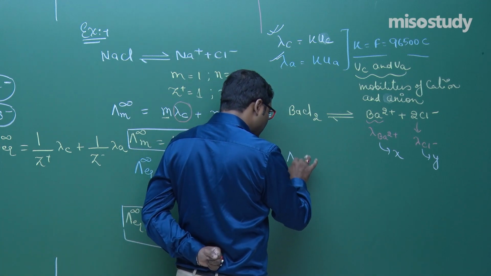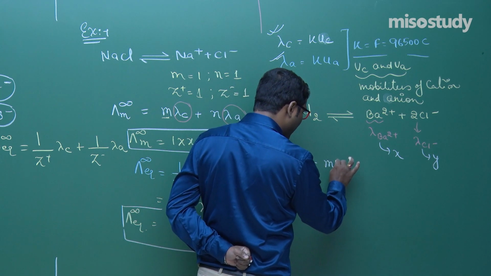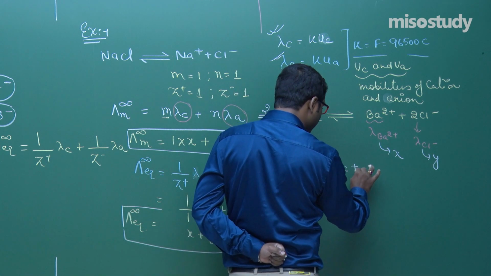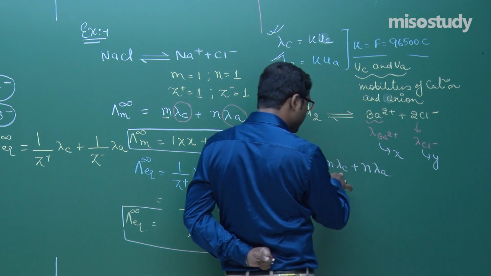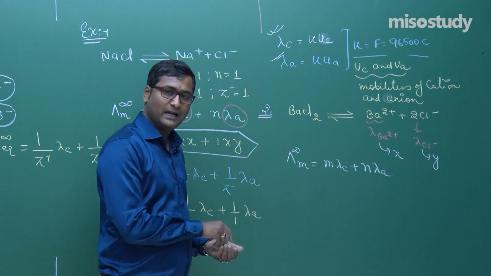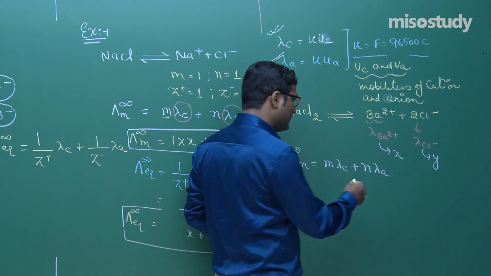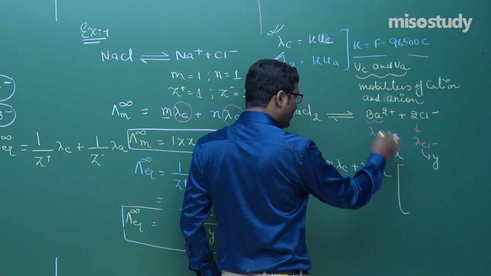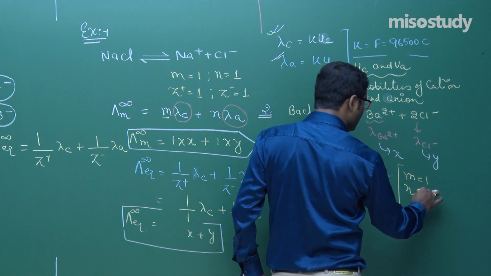The molar conductivity at infinite dilution is equal to m into ionic conductivity of cation plus n into ionic conductivity of anion. This is cation, this is anion. That is cation, that is Ba2 plus. Now what is m here? Tell me. M is before, nothing, that is 1. What is n here, my friend? That is 2.